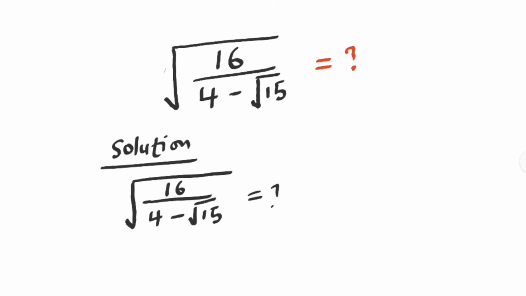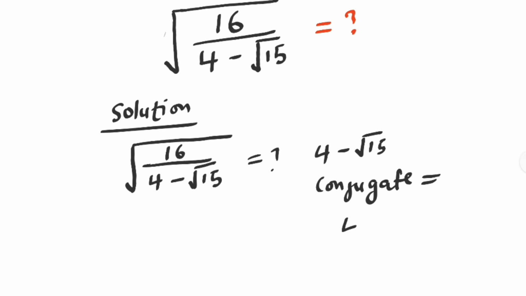Take note that we have 4 minus square root of 15, then the conjugate is equal to 4 plus square root of 15. Now at this point, let us multiply both the numerator and the denominator by the conjugate of this denominator.